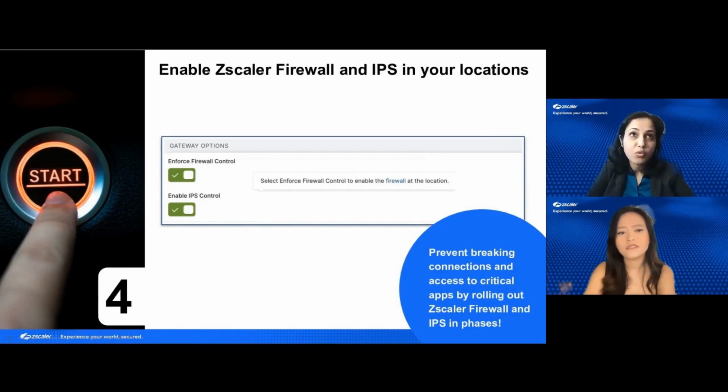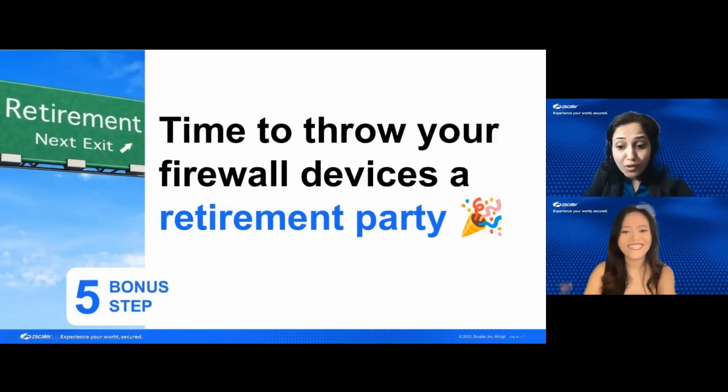We do recommend that you don't flip the switch all at once for all locations. You do it on, say, a location by location basis at different periods of time. Monitor and make any changes as necessary. So those were the 4 steps in moving to a firewall.